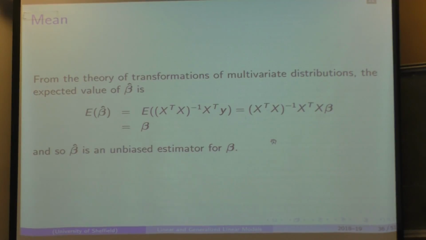So that means, in statistical terminology, that beta hat is an unbiased estimator for beta.